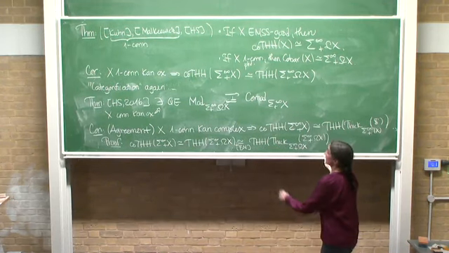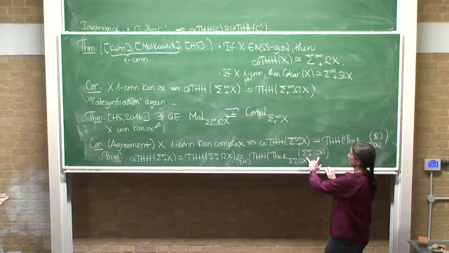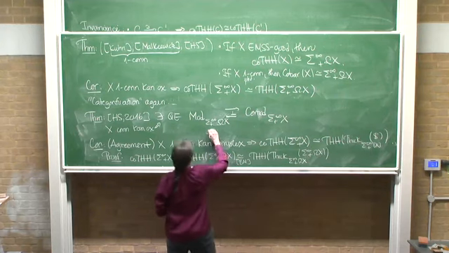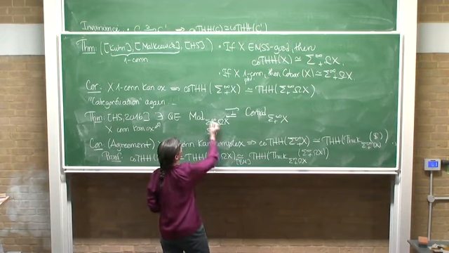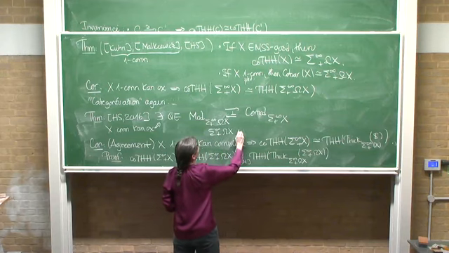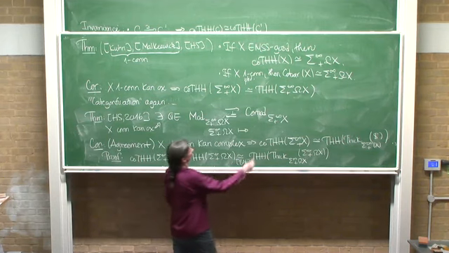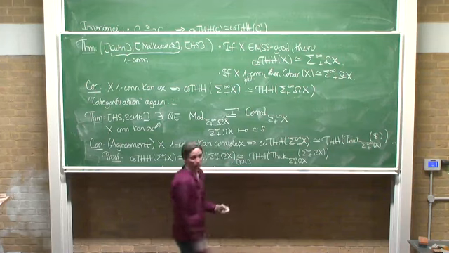And now, if we look at this theorem here, and we chase through what happens when we start with this guy, it turns out that if I look at the suspension spectrum of the base loops, it's sent to something that is equivalent to the sphere spectrum.